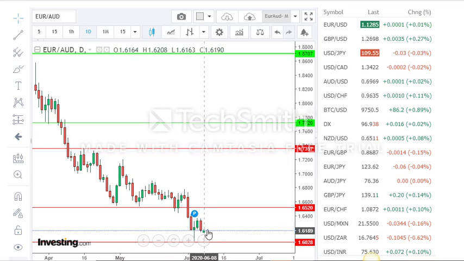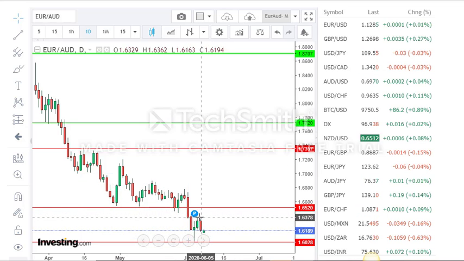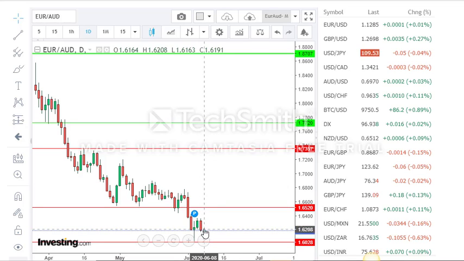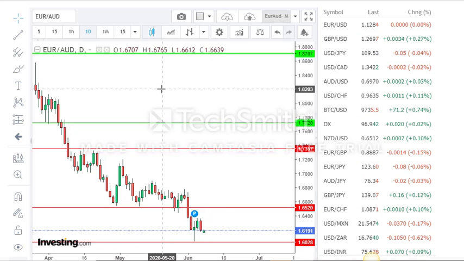Like right here, it's starting to consolidate. So it may go as high as, let's see, 1.6360 would be, if you're lucky, the highest. But yeah, just continue to look for those levels of consolidation and then short this particular pair.